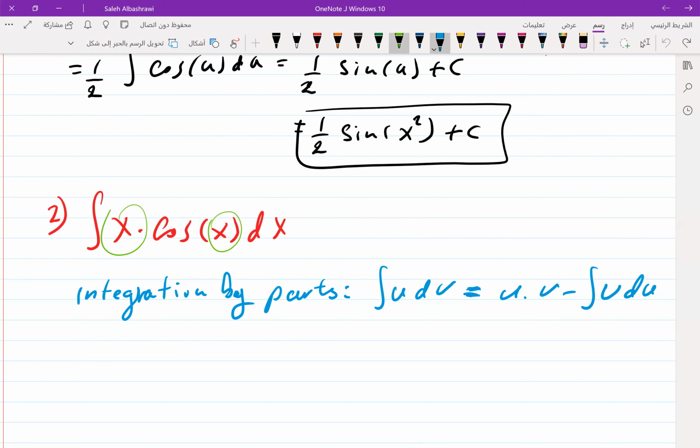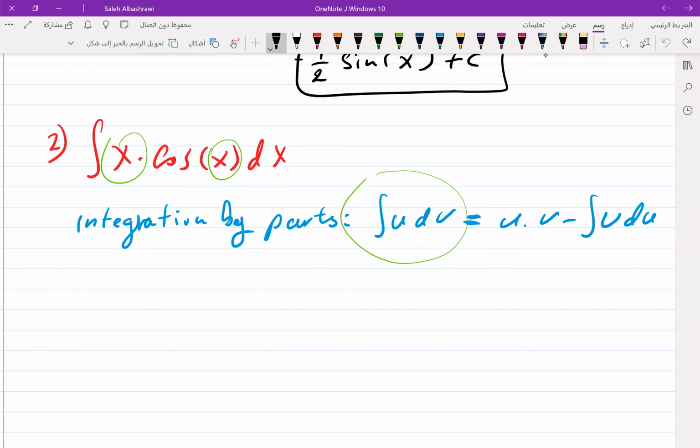So if this is my integration, u dv, it means multiplication of two functions. I need to choose one of the functions to be u and one of them will be dv. So I will let u equal to x and dv equal to cosine x dx.